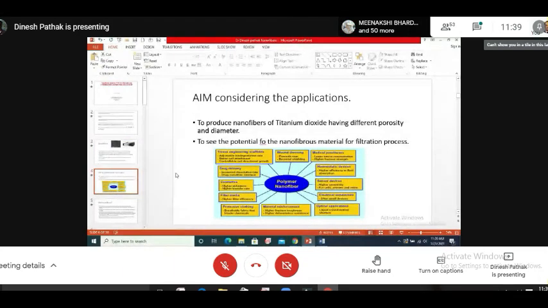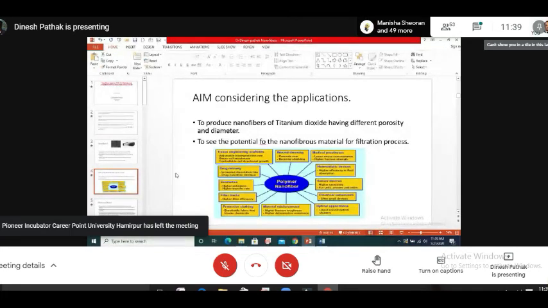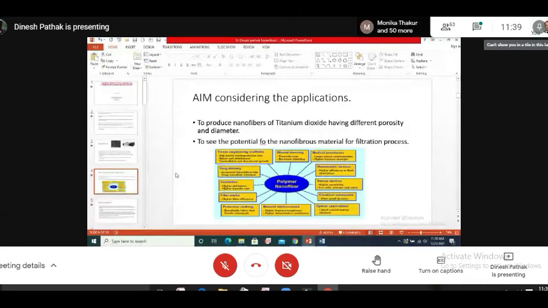Further, there are many applications for wound dressing and other medical purposes. PPE kits are very much in demand nowadays. There we can sandwich the nanofiber in those PPE kits so that we can protect the human body from the viruses.